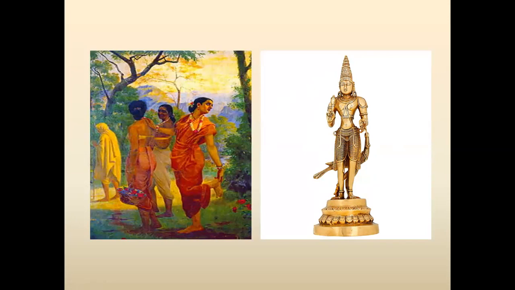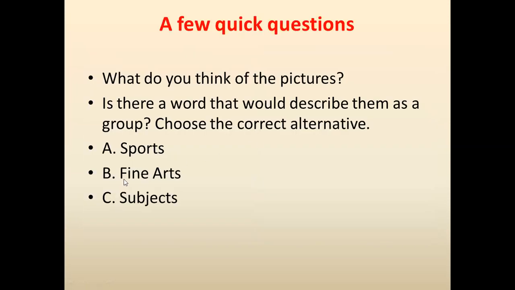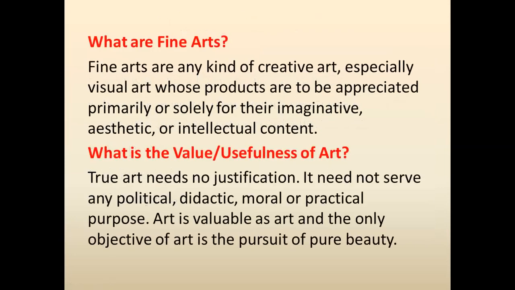Sculptures, statues, all of these are also art forms. The picture on the left signifies music, and this picture signifies dance. So all 4 of them put together can come under the term fine arts. Are we clear on this, students? Now, what are fine arts?